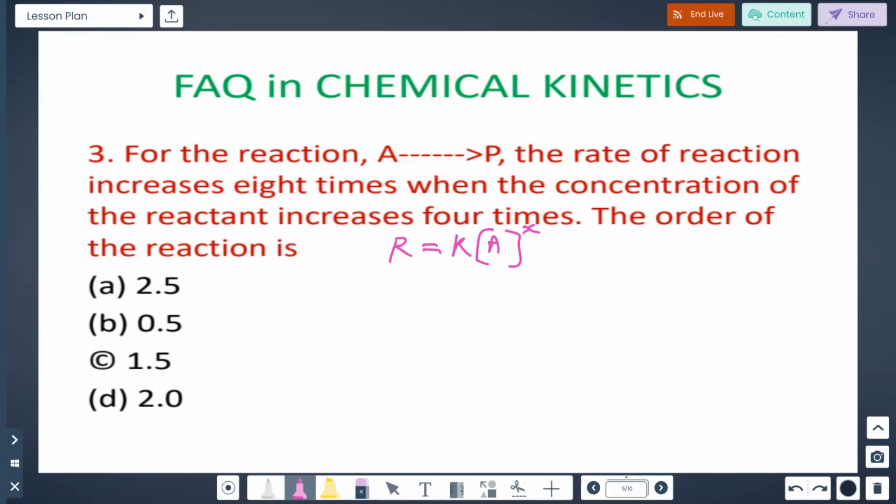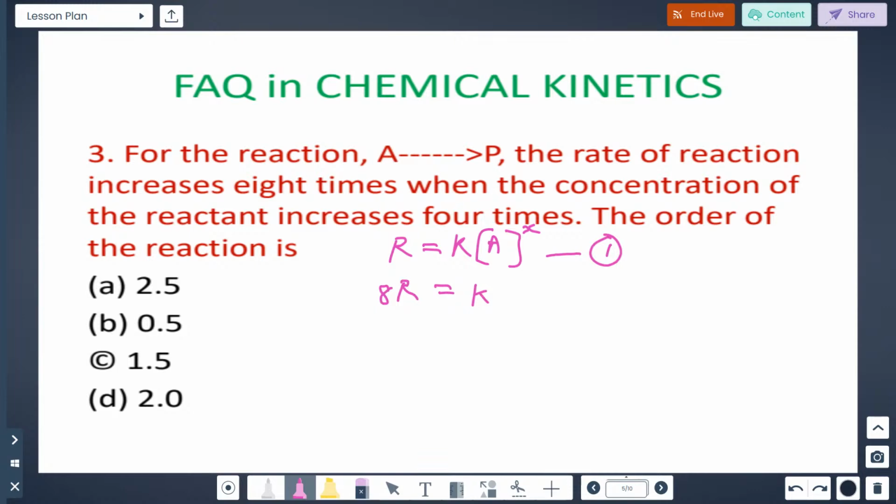Rate of reaction increases 8 times. Rate of reaction is considered as equation number 1. Now the rate of reaction increases 8 times, so instead of R we put 8R is equal to K into, since the rate increases 8 times, the concentration of the reactant increases by how many times? 4 times, isn't it?